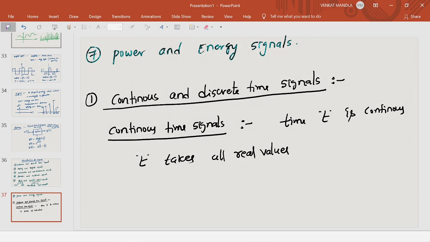How many real values are there? Minus infinity to plus infinity. So infinite values are there. Okay, so t takes all real values.